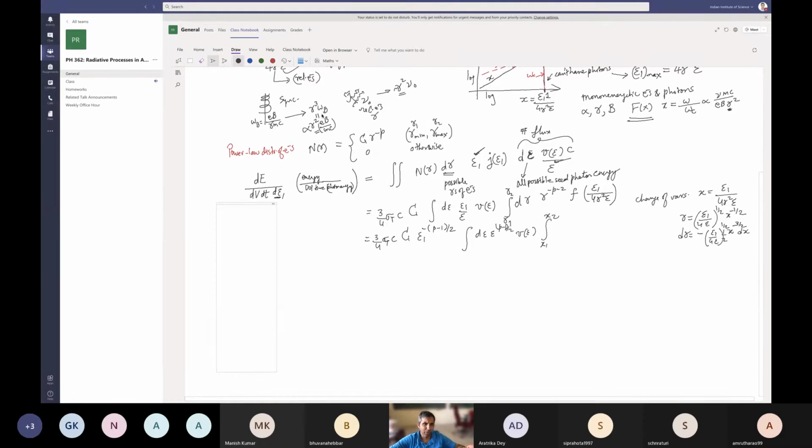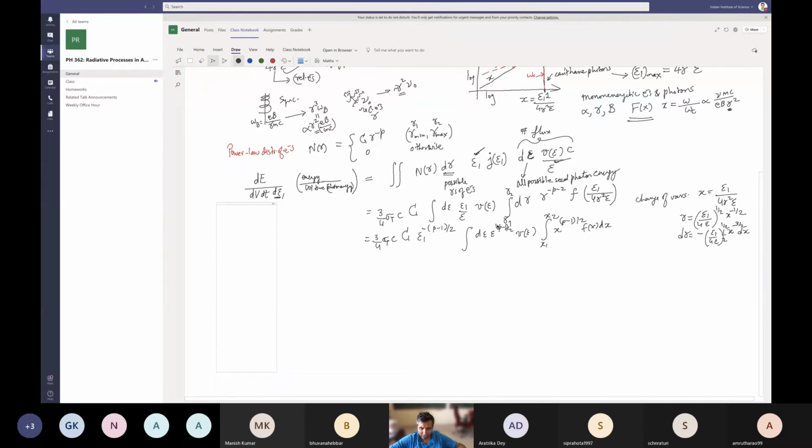So gamma 1 and gamma 2 correspond to x1 and x2. x to the p minus 1 by 2 f x dx. This is what we have. So this is f x, and gamma can be written as a function of x and epsilon 1 by epsilon. And again, d gamma can also be written like that. So this epsilon 1 to the power of minus p minus 1 by 2 is outside, and we have this expression.